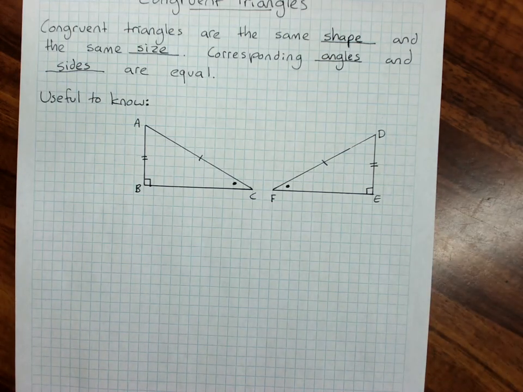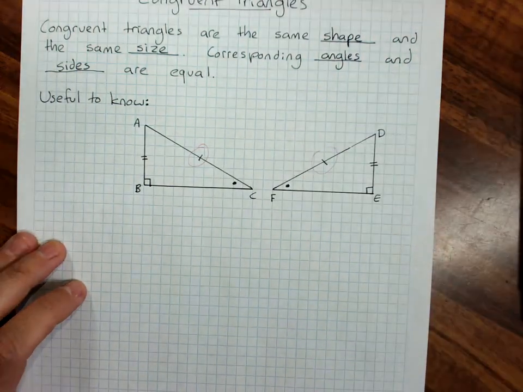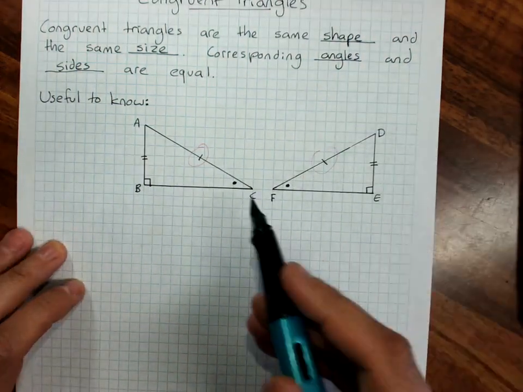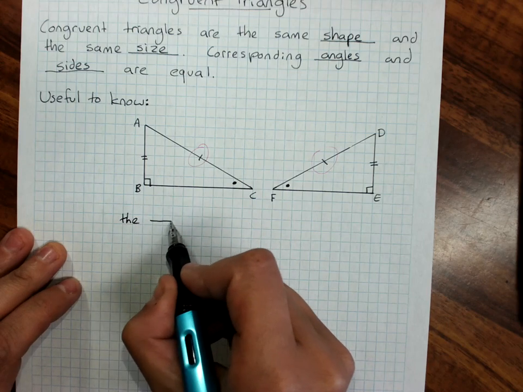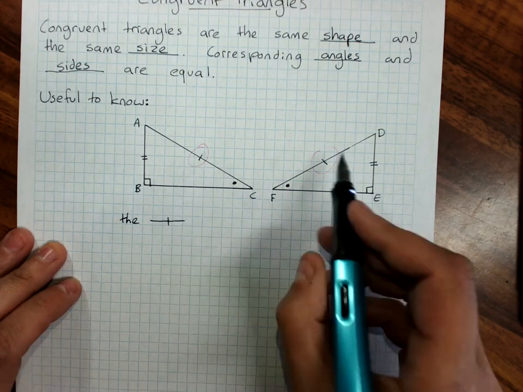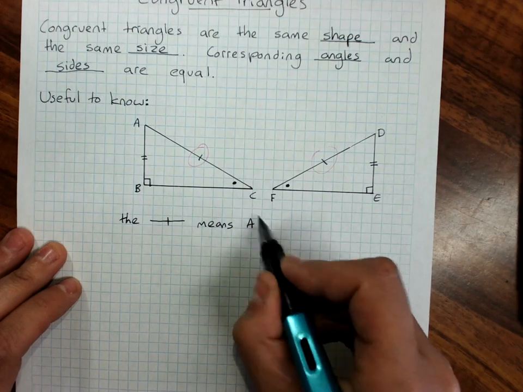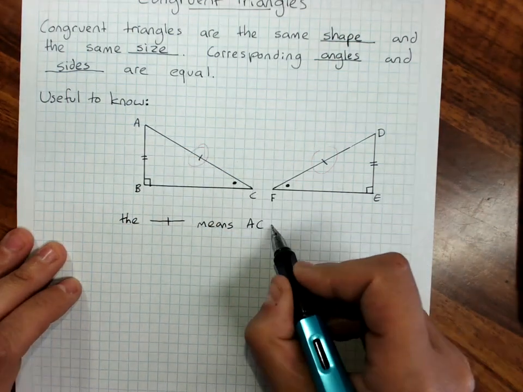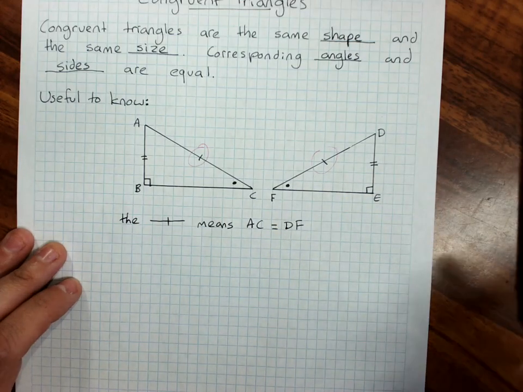So if we're not certain, this little marking here means that those two sides are equal. So the little line on those two means AC, side AC here, is equal to side DF.